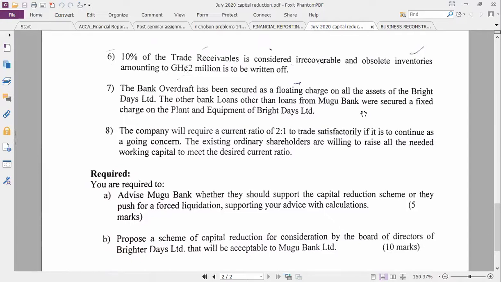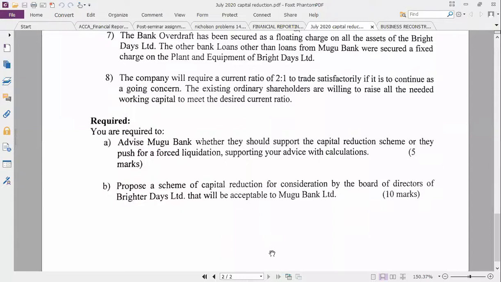Support your advice with relevant calculations, not just any calculation, relevant ones, 5 marks. B, propose a scheme of capital reduction for consideration by the board of directors of Brighter Days Limited that will be acceptable to Mugu Bank Limited. So design a scheme.